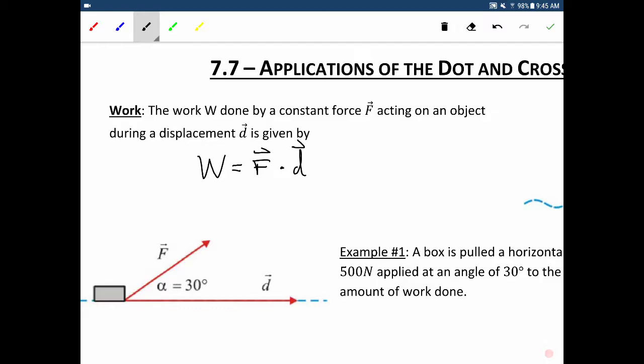It is worth noting that the W here is a scalar, not a vector, because we are taking a dot product. You can also write this as the magnitude of the force times the magnitude of the displacement times cosine of the angle between them, which is alpha in this case.